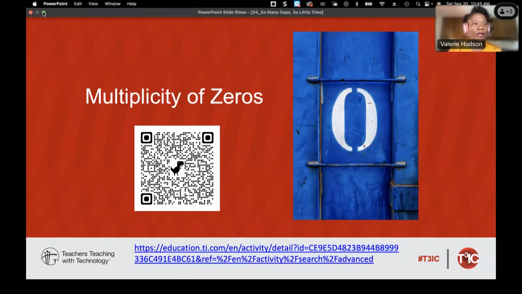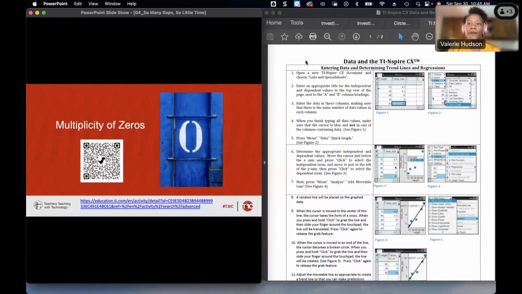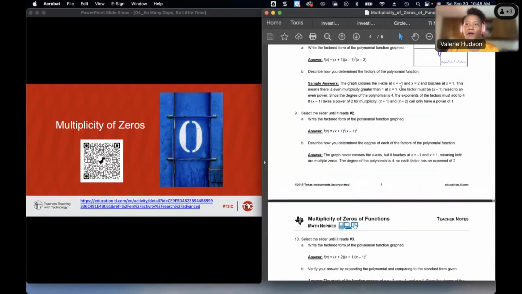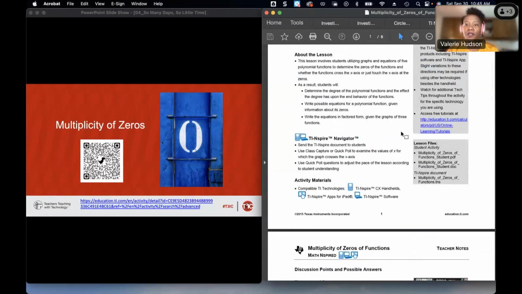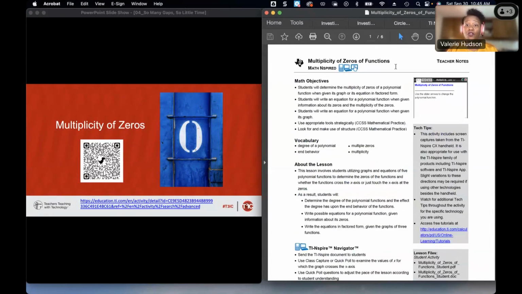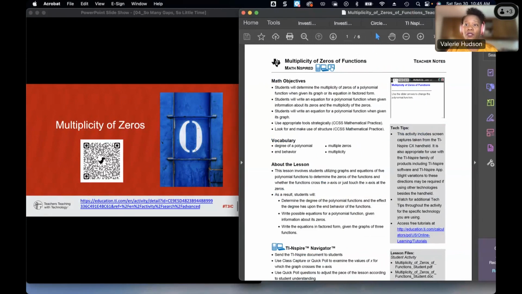Let me get out of that so I can pull up multiplicity of zeros. I'm sorry, give me a second. There we go. Okay, so with multiplicity of zeros, again, the teacher notes are very, very detailed. I'm going to go over here to the student activity.